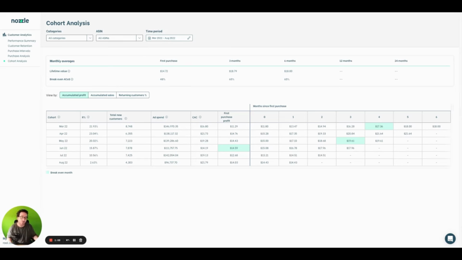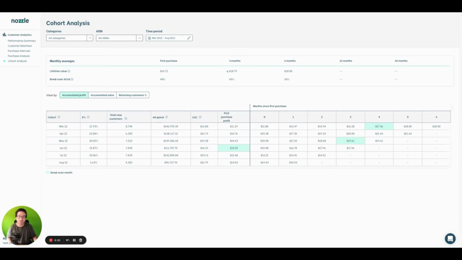Just a reminder, when you're on board with us, you're asked to input your margin data, your cost of goods sold, your COGS data, and Amazon fees, so we can get this as close as possible to an actual profit number. So when we talk about profit per customer here, this is pretty accurate. You're making a profit of $14.72 on that first purchase.